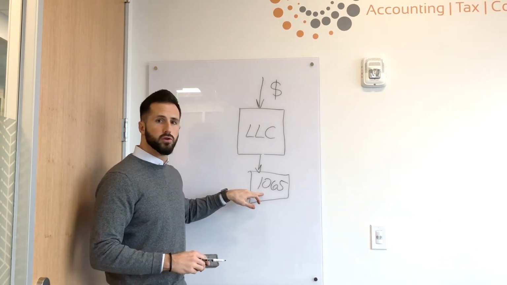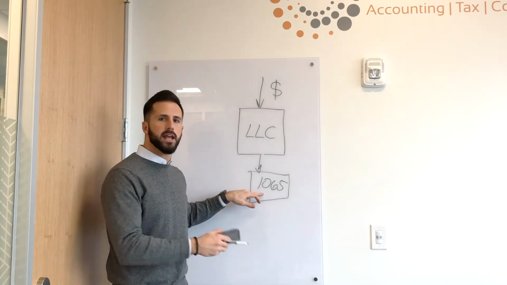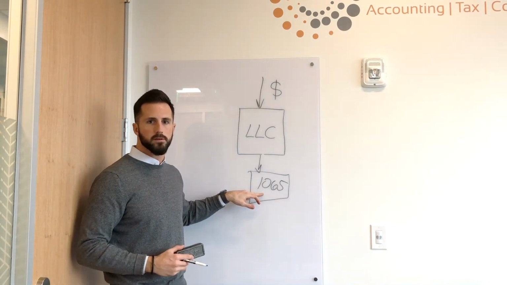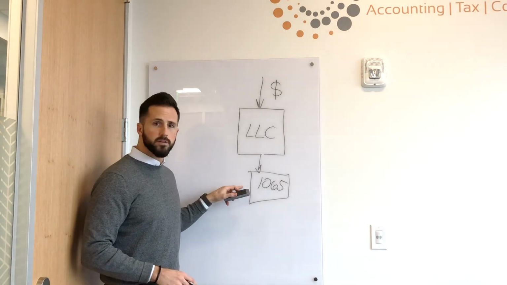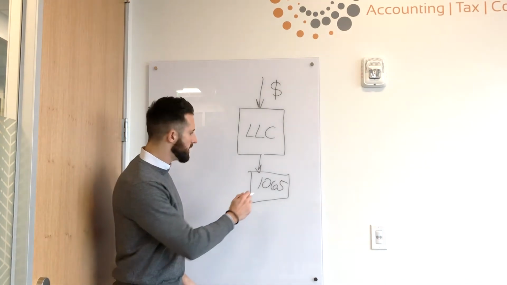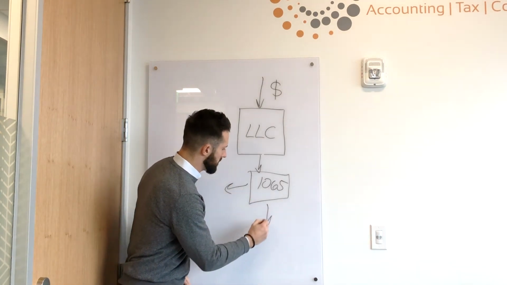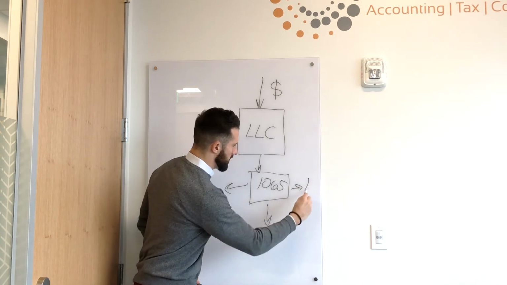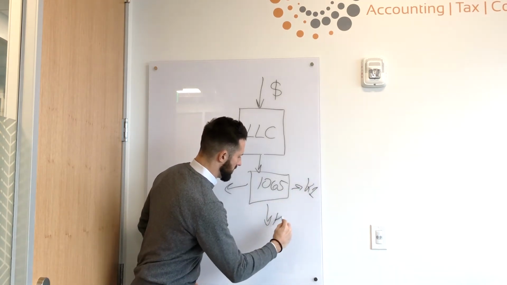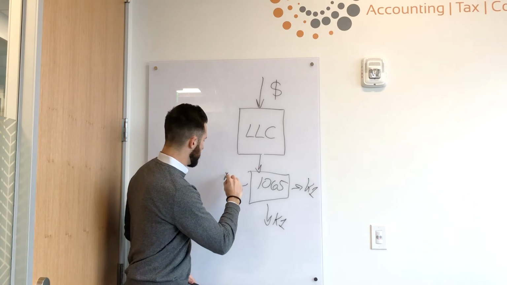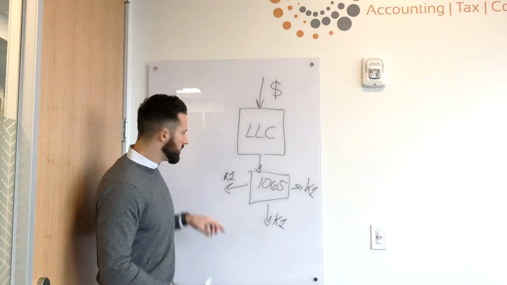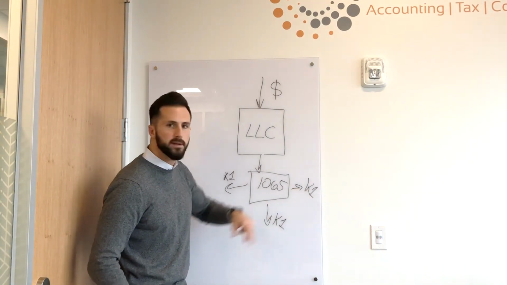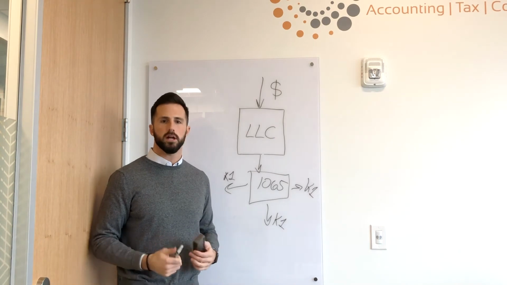It's actually due March 15th, not April 15th like your personal return. After you submit your partnership tax return, each partner, partner 1, 2, and 3, is going to receive a K1.